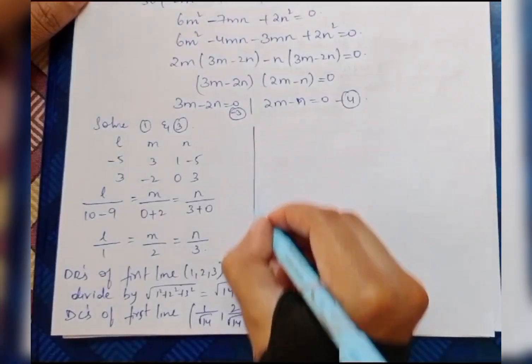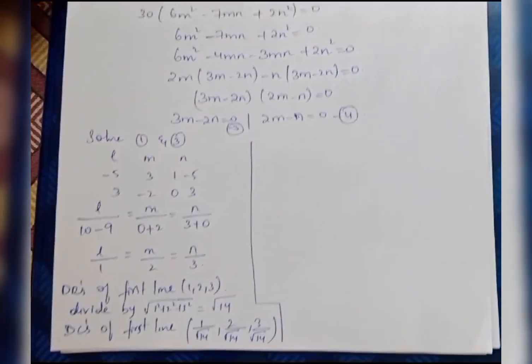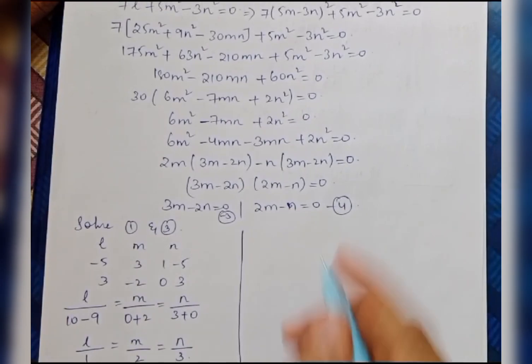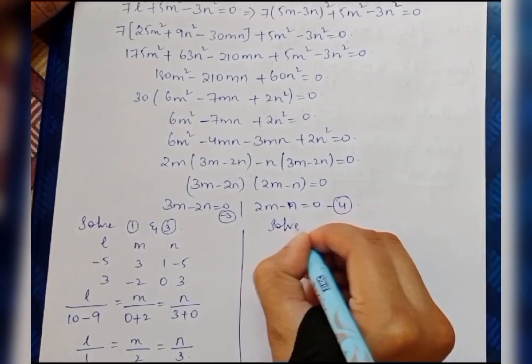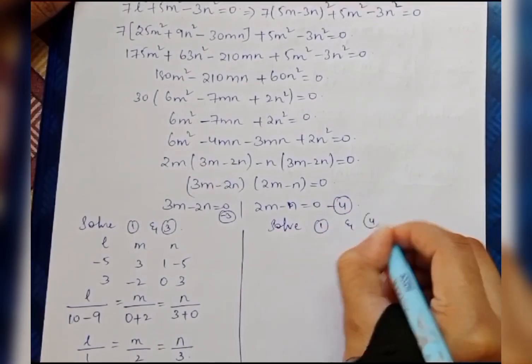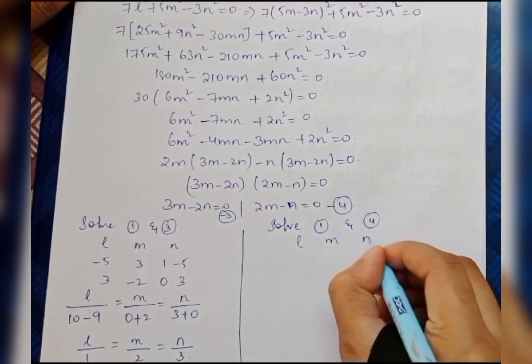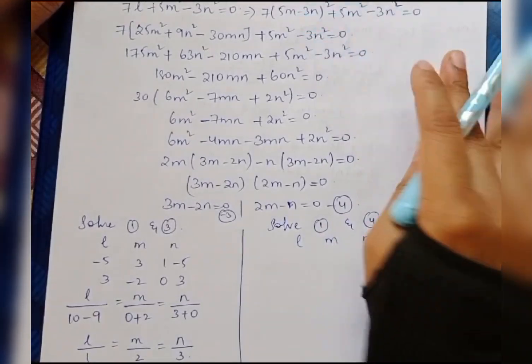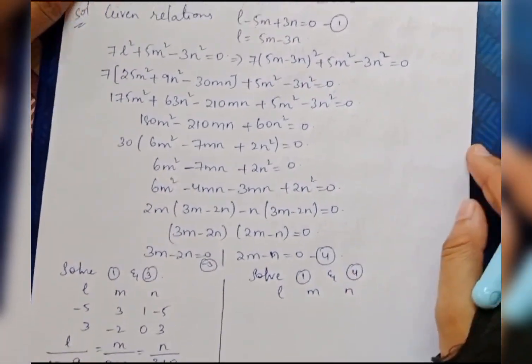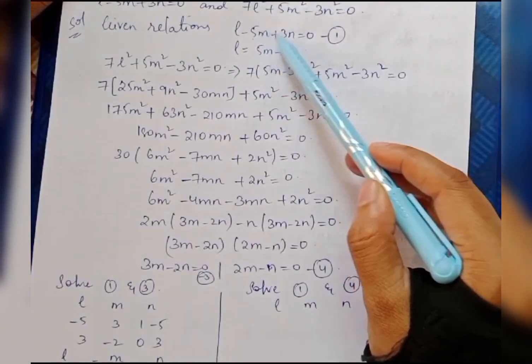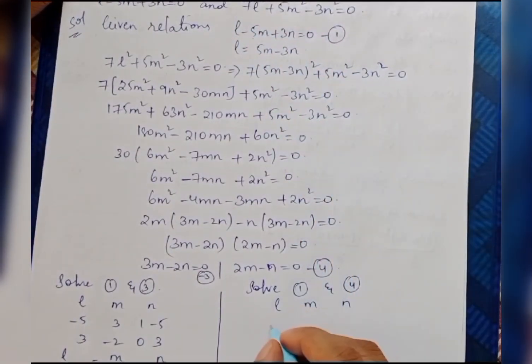Now similarly we need to solve for 1 and 4. Solve 1 and 4. So it is L, M and N. We'll start from equation 1, so it will be minus 5, 3, 1 and minus 5.